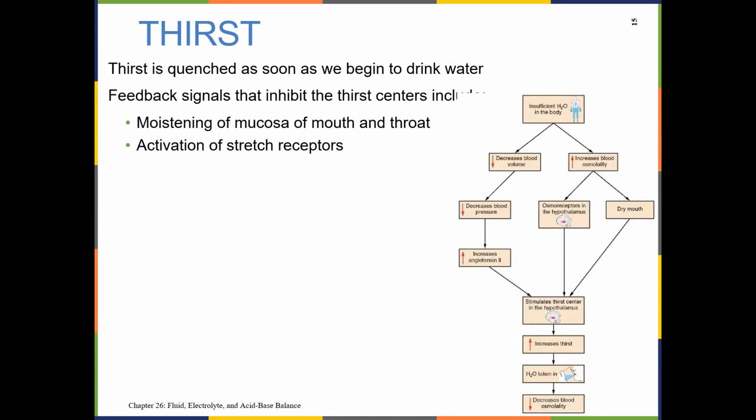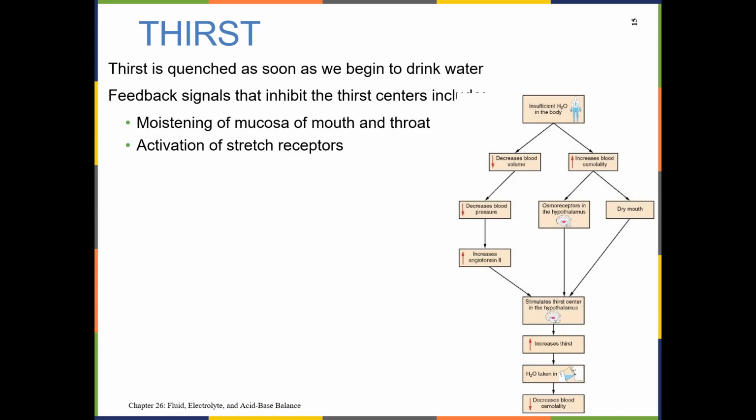If we're thirsty, as soon as we start drinking something, we're no longer thirsty. Now, it takes half an hour for the beverage that we take in to get into the plasma and dilute the osmotic concentration from 310 back to 300. It takes half an hour for that to happen, but we're not thirsty instantly. When we drink a beverage, we moisten the inside of our throat and our mouth, and that feels good.